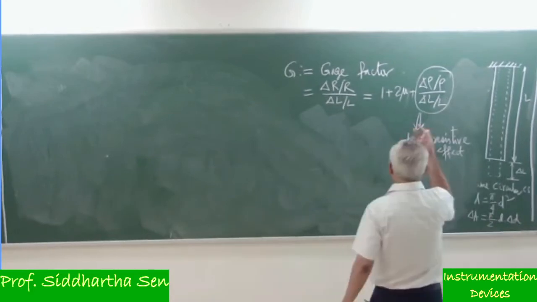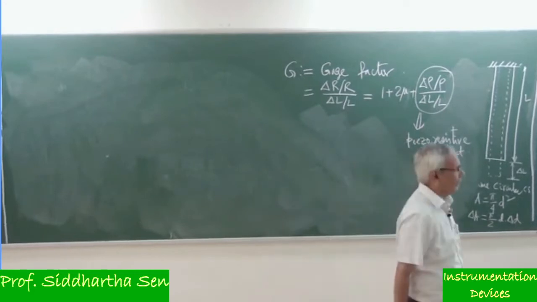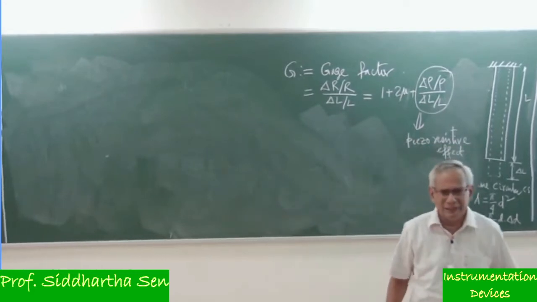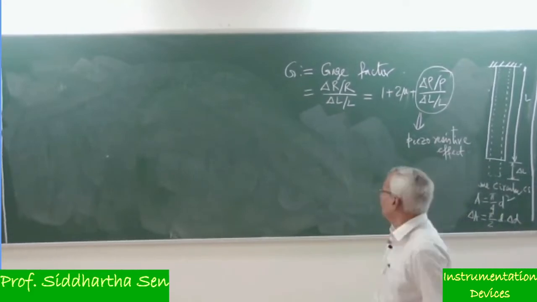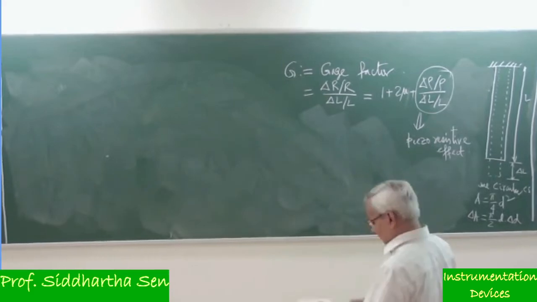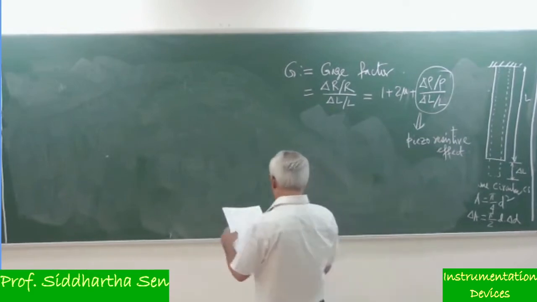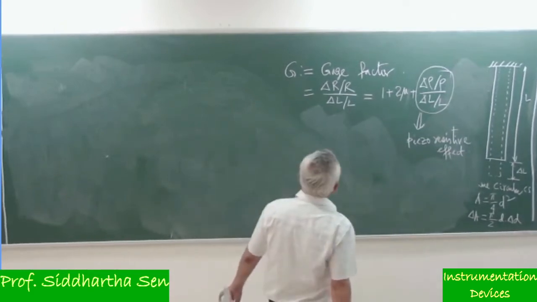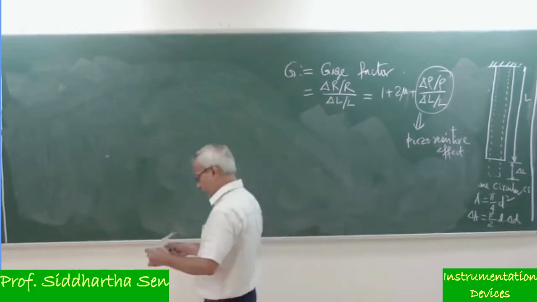It depends upon how the resistivity changes. But for metals, the resistivity change is rather insignificant. So, we will see that the gauge factor variation is rather small there. So, this is constant for a particular material.